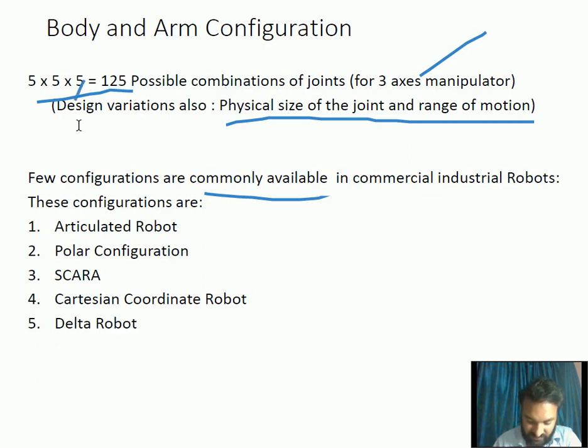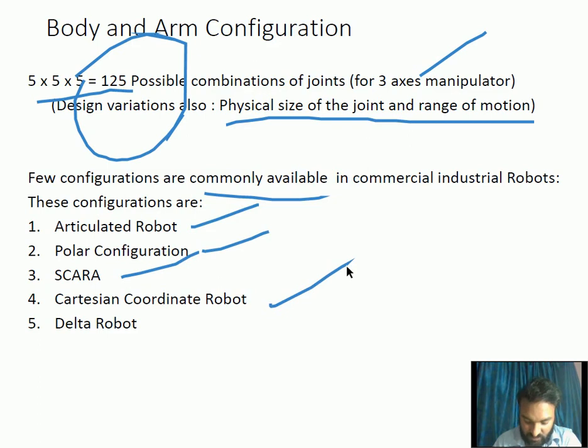We don't need to go for all 125. Few are enough for common industrial work. Over the years we have made 5 categories: articulated robot, polar configuration, SCARA robot, Cartesian coordinate robot, and Delta robot. We will see each one step by step.